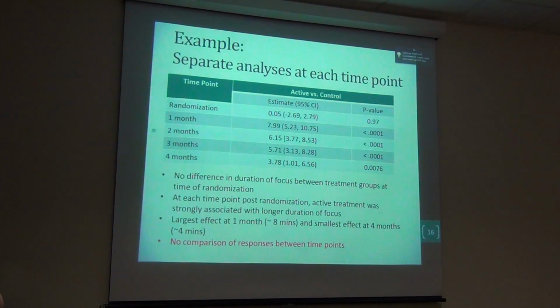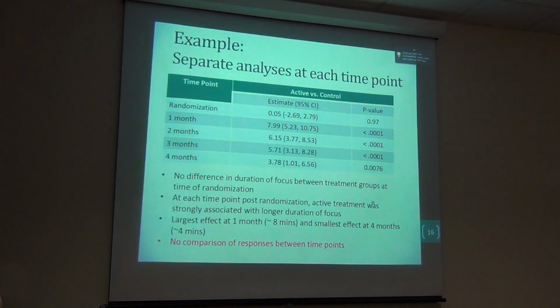At 2 months, the improvement is a little bit smaller, and it's still strongly significant. At 3 months, it's a little bit smaller, but still significant, and at 4 months, the difference has decreased to close to 4 minutes. So the effect is about 4 minutes after 4 months. It's still significant, but not as strong as in the previous time points.